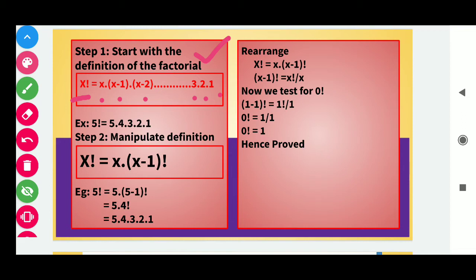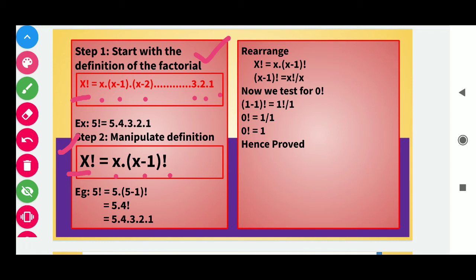Here, step 2 is manipulate the definition. So students, if we manipulate the same definition, then we can also write x factorial is equal to x into x minus 1 factorial. Because we know that if we subtract 1 from x minus 1, then we get x minus 2, and again if we subtract 1, then we get x minus 3, and so on up to 3 to 1.